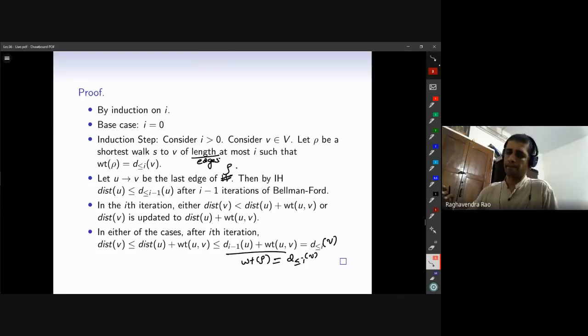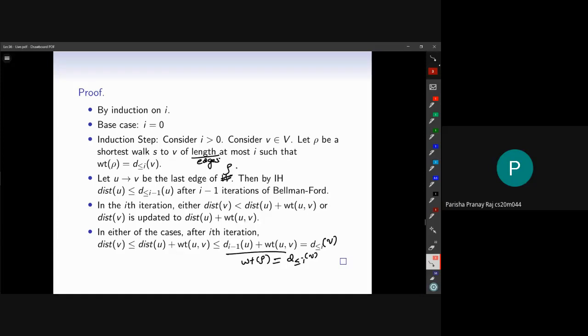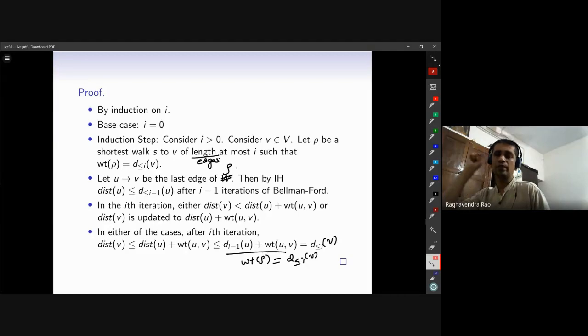Just a small question, sir. This d_{≤i} of v less than or equal to d_{i-1} of u plus weight of uv, this followed from rho, right? Yes, we assumed that uv is the last edge, and that rho is the shortest. So that is important.